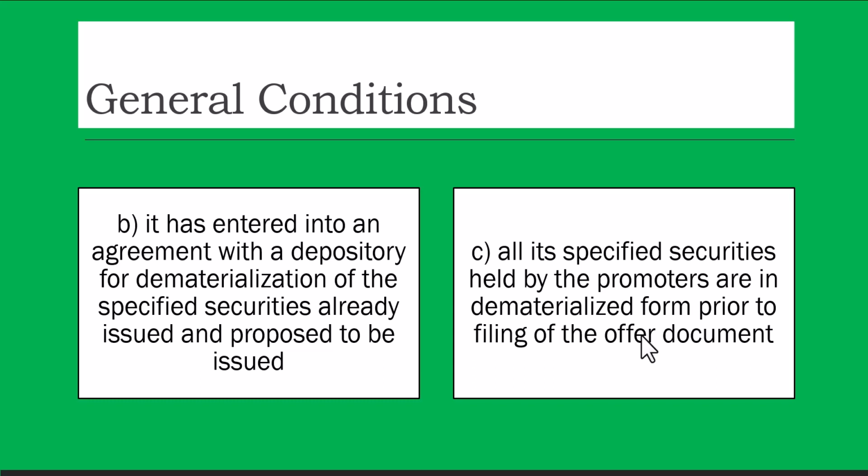But in the beginning, many shareholders had not applied to the depository for dematerializing. Now all people are required to get their shares demat. So this rule is applicable to promoters: their shares should be in demat form before they file an offer document, which is the prospectus, to the public for raising the money.